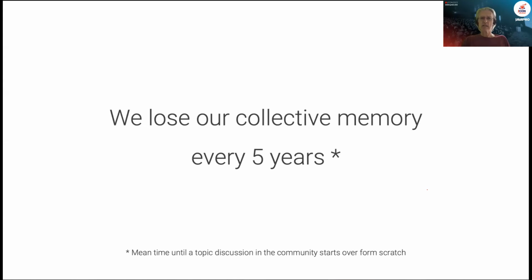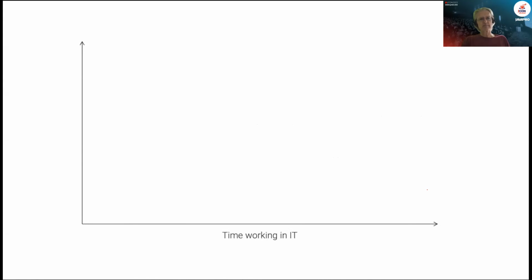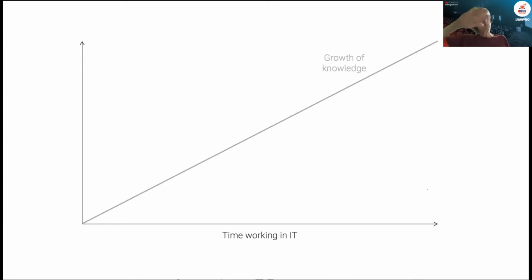The first part is, while we're working in our professional life, we learn things. So hopefully we learn things all the time. Not true for everyone, but let's assume we learn and learn and learn. We build more knowledge. Knowledge can be good, knowledge can be bad. You can learn good things and bad things.